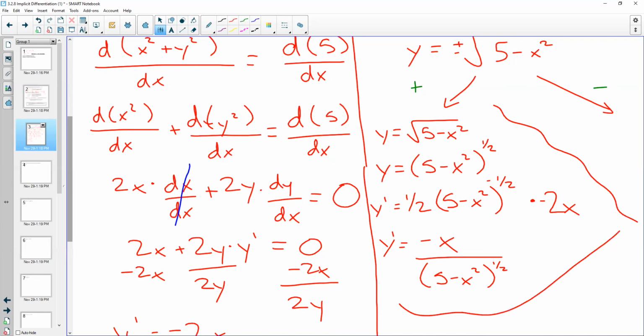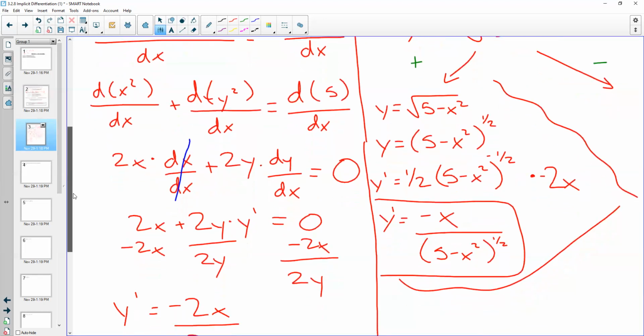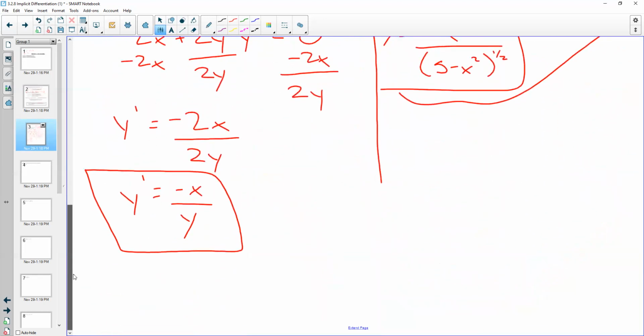And now I will do our negative case as well. So I'll put a box around this. Okay, so for a negative, we had y is equal to the negative root of 5 minus x squared. So we can rewrite this as y is equal to negative 5 minus x squared to the 1/2.